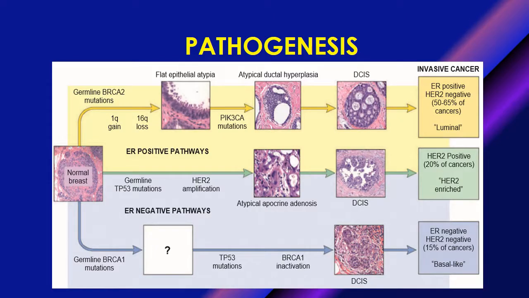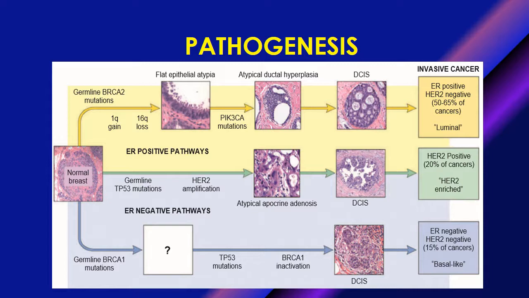Pathogenesis of breast cancer. This is the most important subject in breast cancer. The pathogenesis of breast cancer is multifactorial. That includes 3 factors. First of them is genetic, and second is hormonal influence. Third is environmental factor.